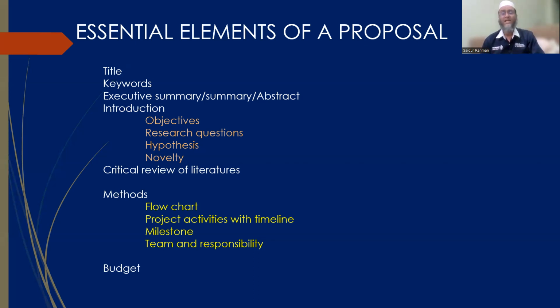In the introduction, or sometimes called background information, normally there are objectives, aim, purpose, goals, research questions, hypothesis, novelty. As you know, these are also elements for your thesis, for your papers, for your proposal. So these are also important here in the funding application.